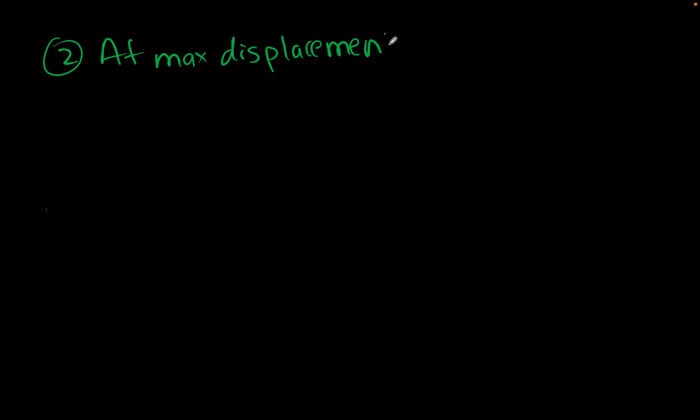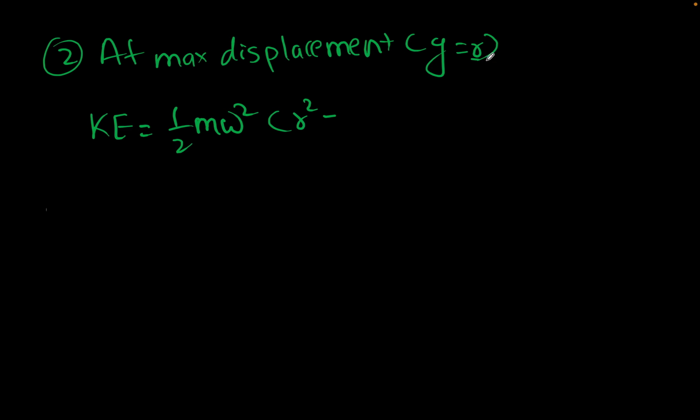Likewise, let's say at maximum displacement, that is when y is r, kinetic energy is again half of m omega square, r square minus y square. In this case y is r, so r square minus r square.